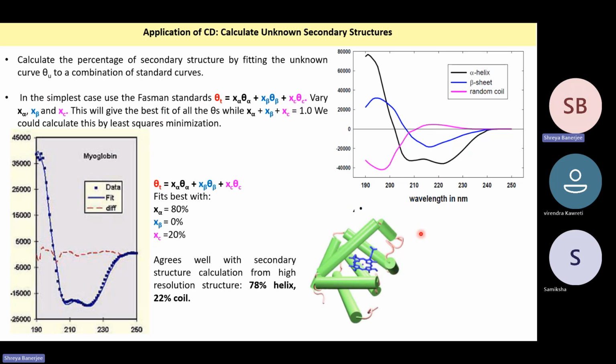So imagine a protein where you have some alpha helix, some beta sheet, some random coil. You don't know how much contribution of each. Then there are certain softwares which can predict that. One of these softwares which is very freely available is BestSel. I'll demonstrate that later.